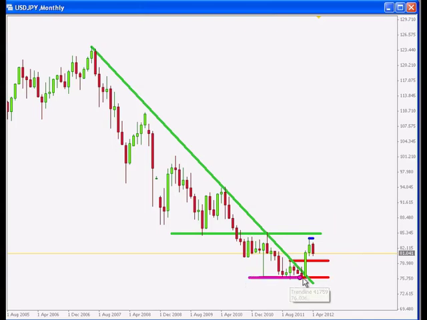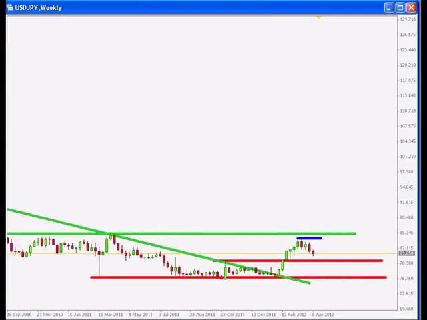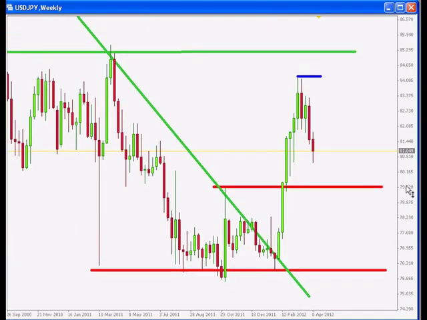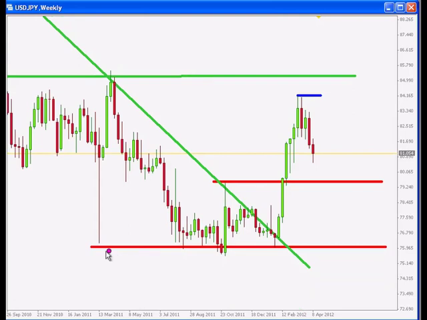Perhaps we could consider this one also as a monthly time frame support. Let me actually flip back into the weekly. I'm just trying to determine whether I like this specific level better on the weekly or on the monthly.